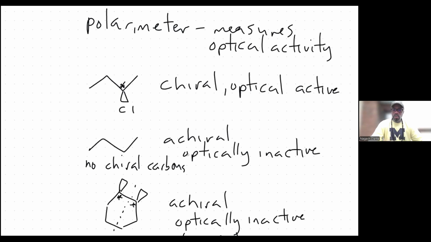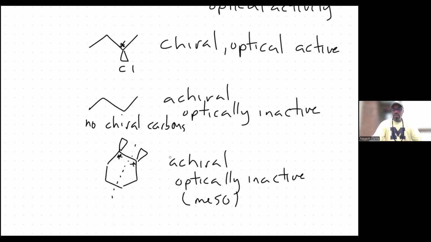But in a qualitative sense, we can look at the molecule and judge whether we should expect optical activity or not. So in the next video, we're going to talk about how we represent enantiomers in a formula, right? How can we say, okay, I want to draw this specific enantiomer versus this other one? How can we communicate that?